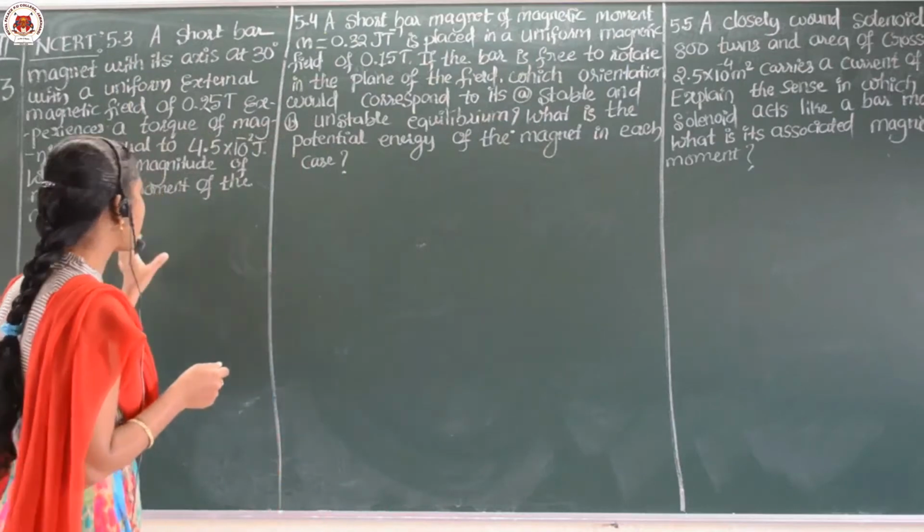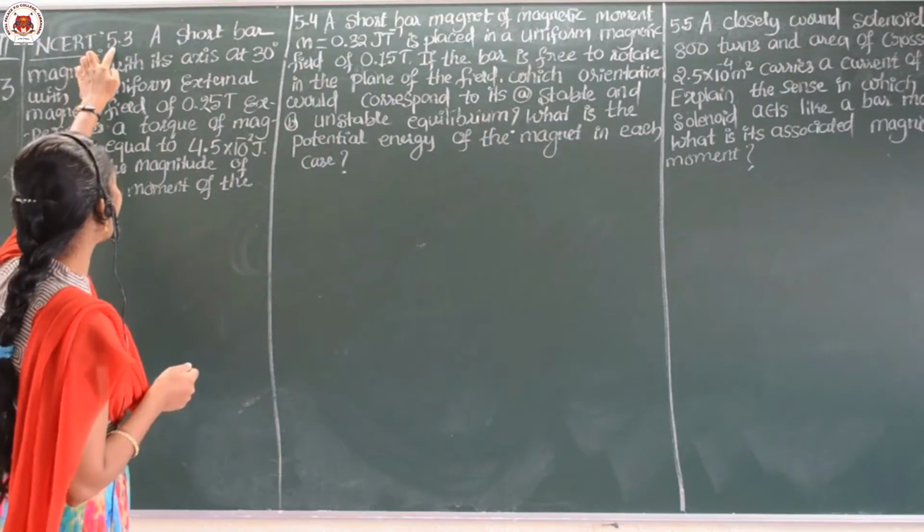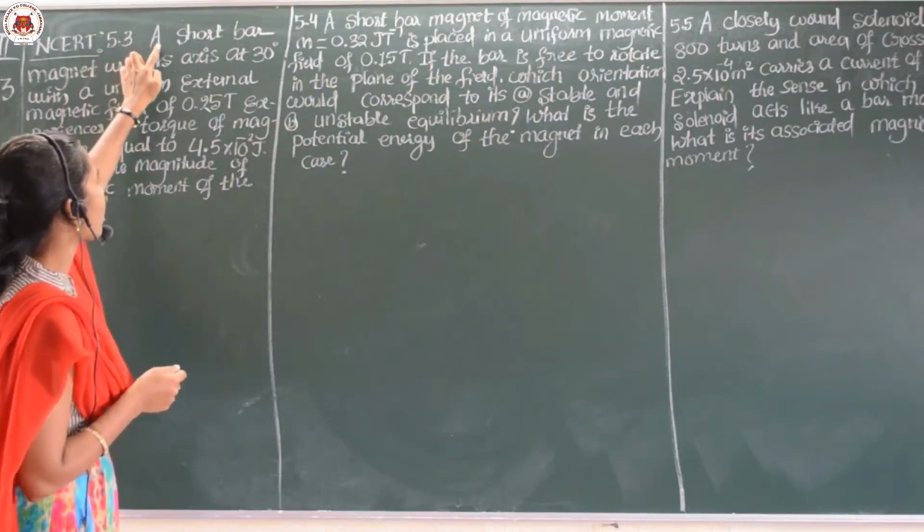Then the first numerical is in the NCERT textbook, that is 5.3. What is the question?